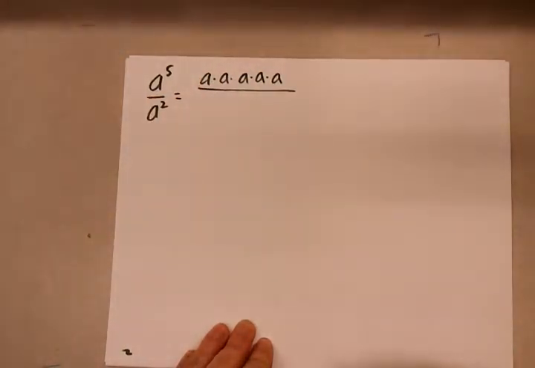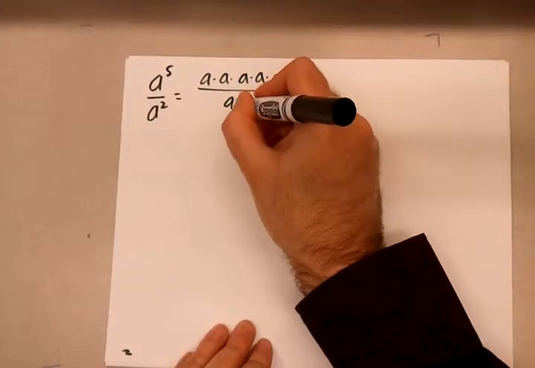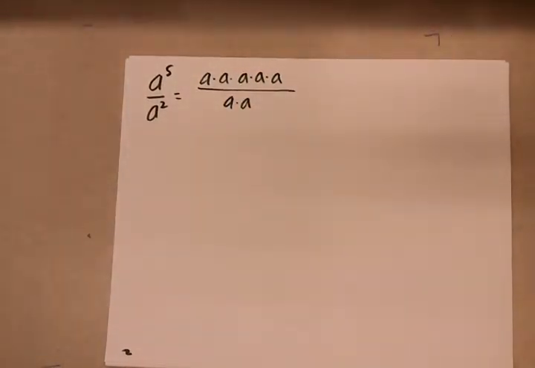On the bottom we have a to the second power, or a squared, which means a multiplied against itself twice. So once you do this, you will see that you can simplify this expression by crossing off identical values from the numerator and the denominator.